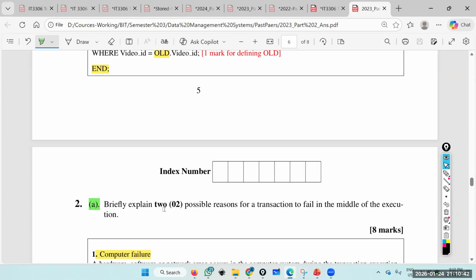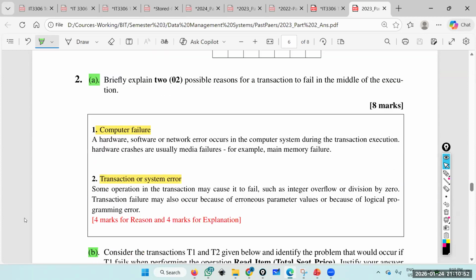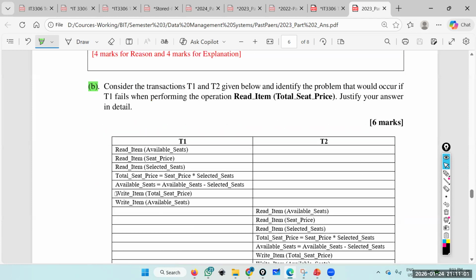Maybe error in the database, or maybe resource conflict, like log conflicts, like a deadlock or something like that. Okay. Right, computer failure, transaction or system errors, right? Anything. Right, B part.